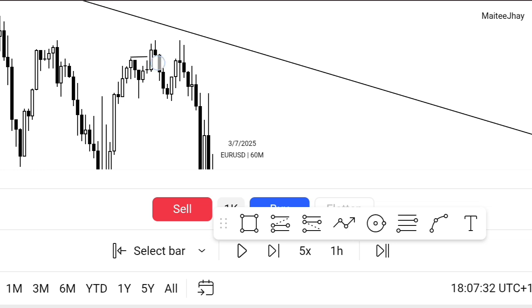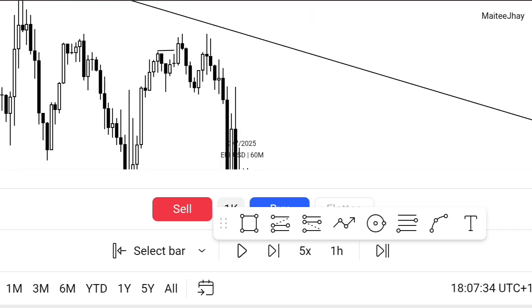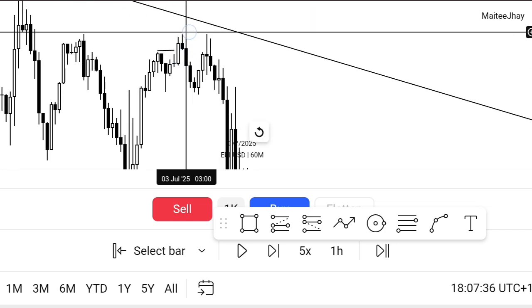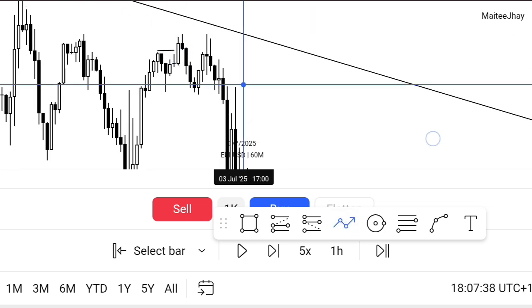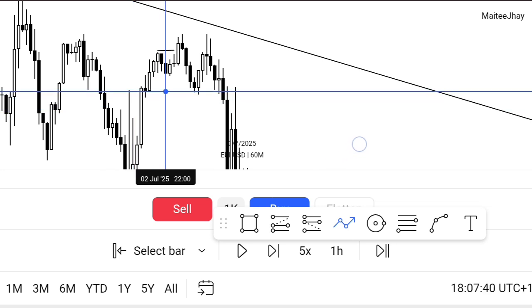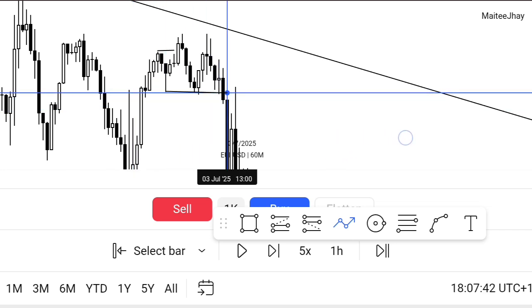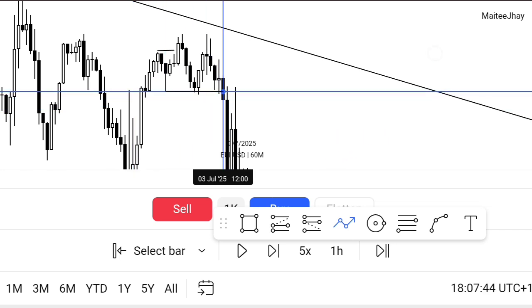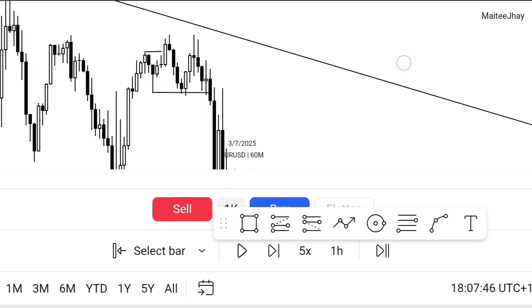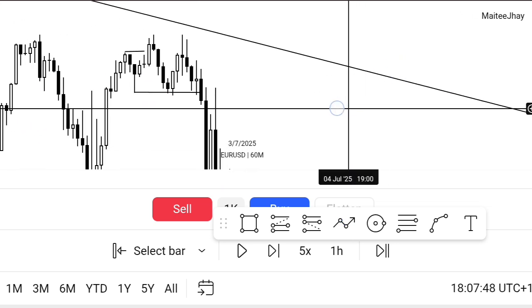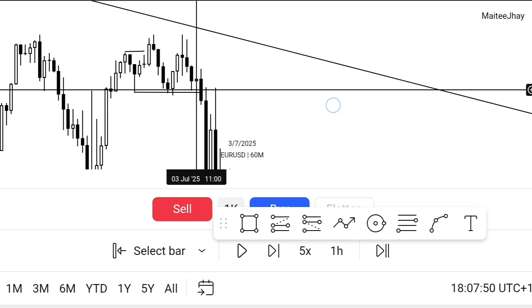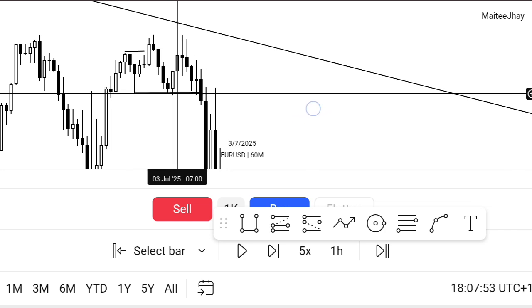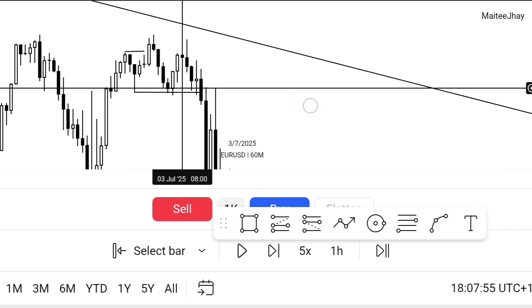Market swept this, giving this break to the upside, and then it came back down, and then shifted structure from going up to moving down. So giving this one here an MSS. You understand? This is now our MSS.